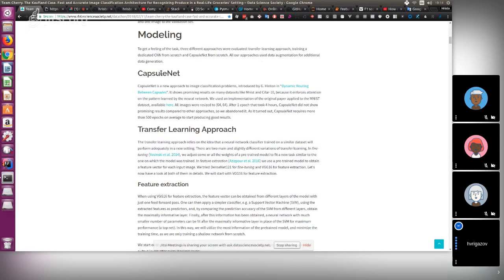One of our first ideas was actually the Capsule Net, because it's very fresh, it's still warm. Hinton published that paper in November 2017, and it probably has great potential.